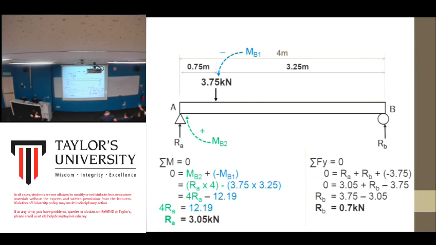Anything that is clockwise is positive. Anything that goes anti-clockwise is negative. That's it. There's no issue of MB1, 2, 3, 4, 5, 7. It's just for your reference only. Am I answering your question?